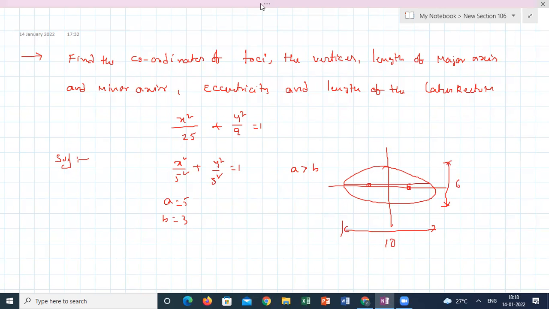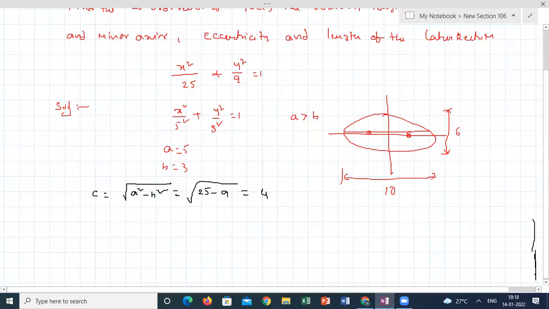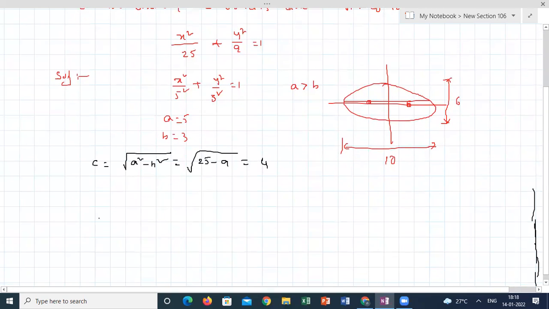Focal length c will be equal to square root of a square minus b square, that is square root of 25 minus 9, which is equal to 4. Now I have the a, b, c values, so it will be easy to calculate anything. The center is the origin, by seeing the equation.